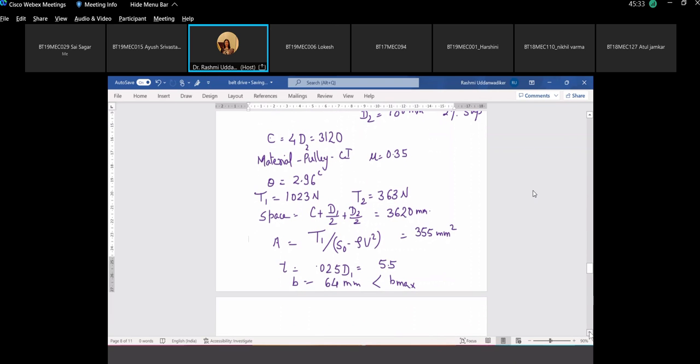We have to find out what is the induced stress allowable, and this is given on page number, what is the page number for belt drive? Page number 155, table 15.1.